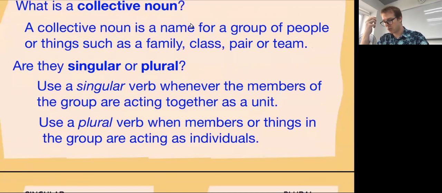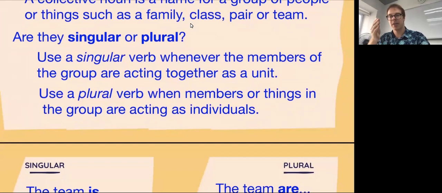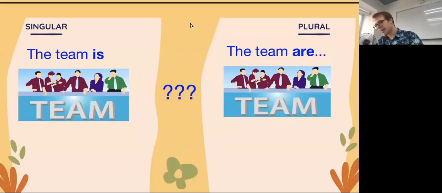We have 2 groups: the team is, and the team are. Here's my team is. I'm using is, a singular verb. When I use a singular verb, I have to be talking about the whole team as one unit.